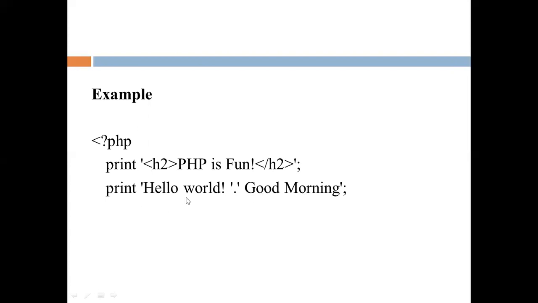So here we are concatenating the two strings, hello world and good morning. Without concatenation, multiple strings are not possible in the case of the print statement. This is also possible with brackets, and complete the PHP tag.